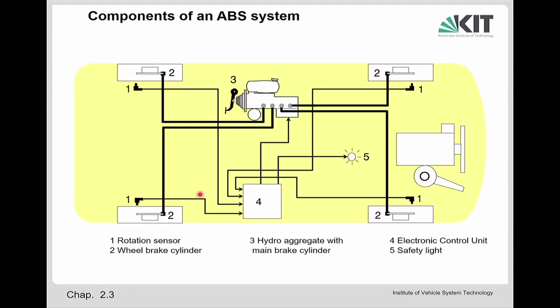And this is a simplified drawing of the ABS system with the most important components. First, it's important to know the wheel speed, otherwise it's not possible to control the system. These are the wheel speed sensors, indicated here with the number 1.